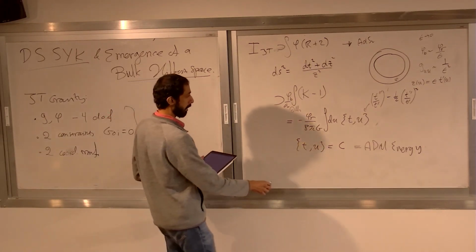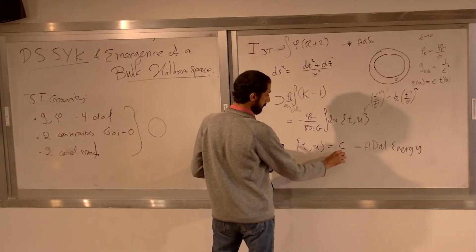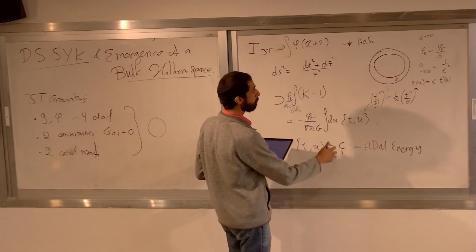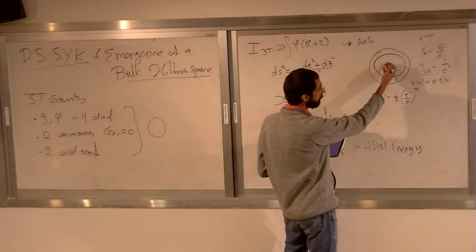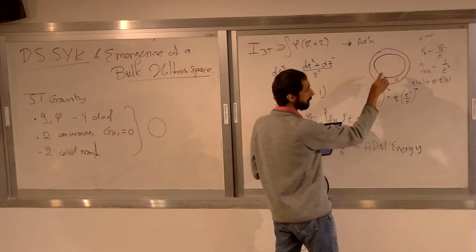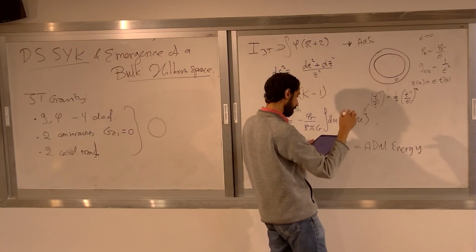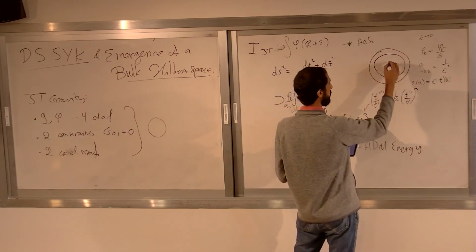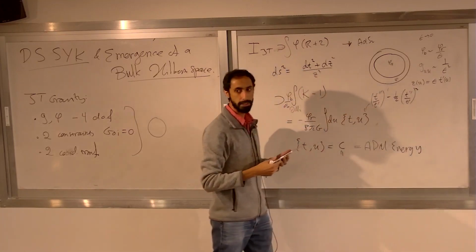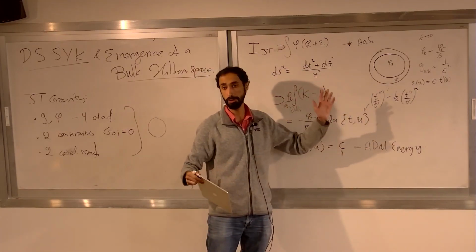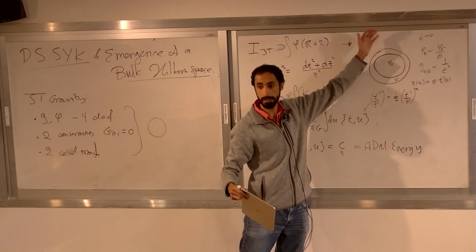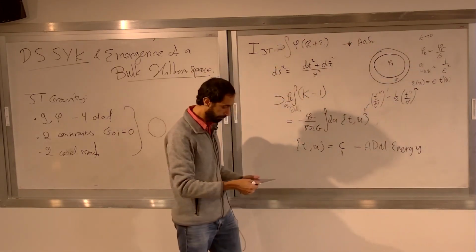Also, the value of this C can be related to the behavior of the dilaton inside the bulk. If you solve for the dilaton, you find that there's a minimum of the dilaton in the center of the circle, and that's the value of the dilaton at the horizon. The center of the circle ultimately is going to be the bifurcation surface of the black hole if we continue this solution to Lorentzian time.